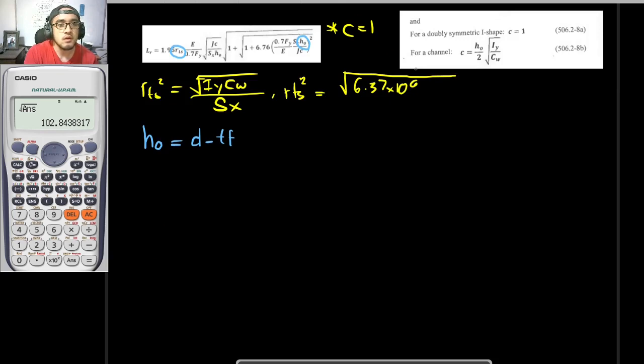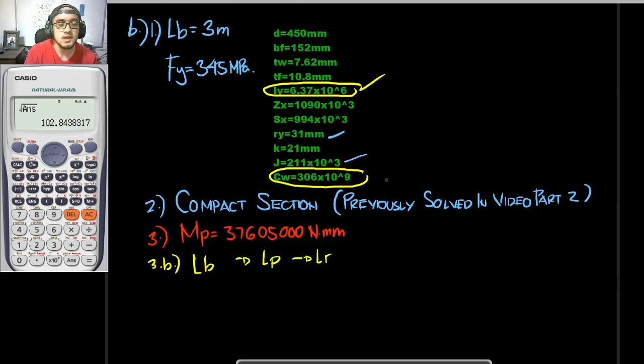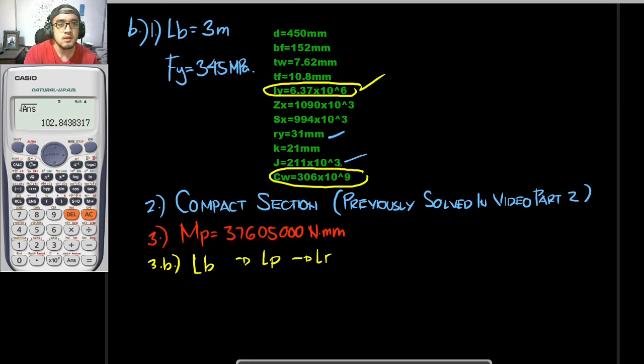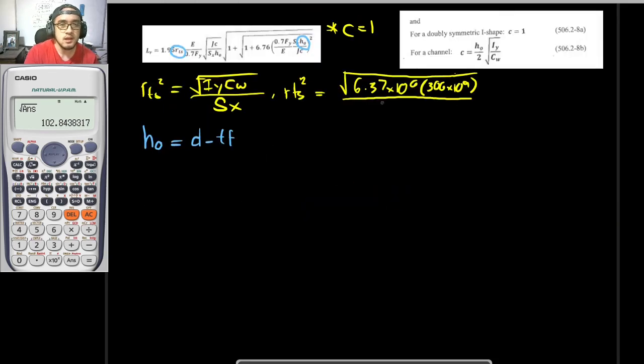As for our Cw, the warping coefficient, that is 306 times 10 raised to 9. And as for our section modulus, that is 994 times 10 raised to 3.